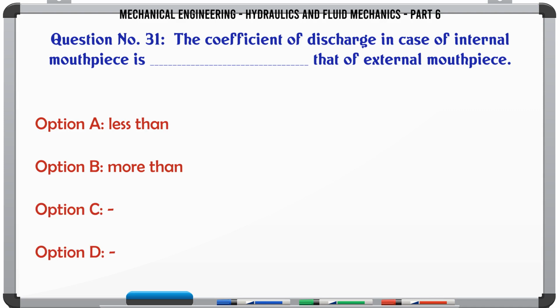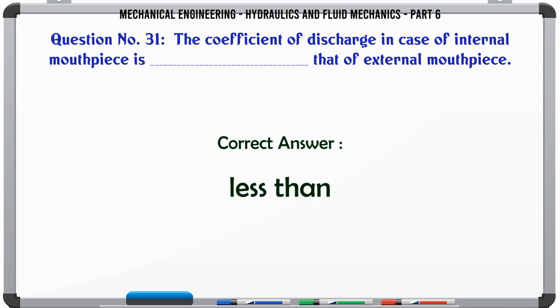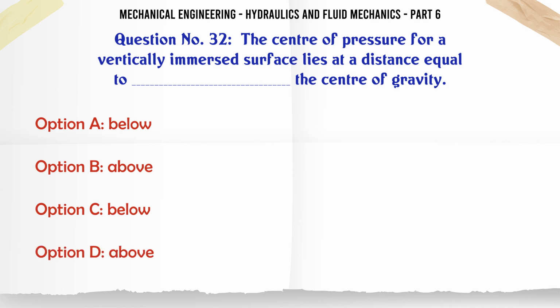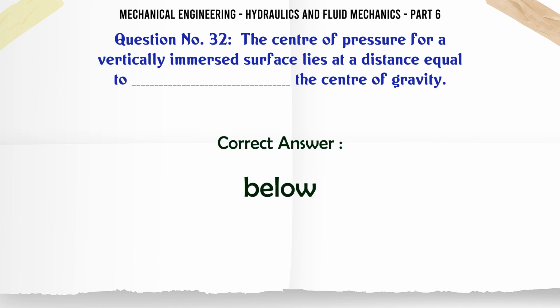A less than, B more than. The correct answer is less than. The center of pressure for a vertically immersed surface lies at a distance equal to the center of gravity. A below, B above. The correct answer is below.